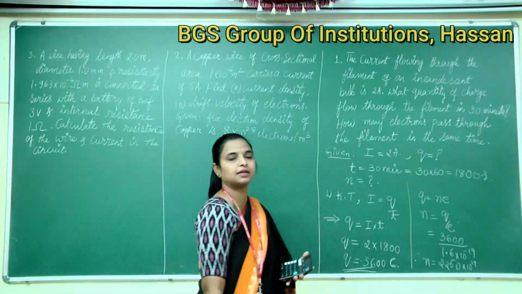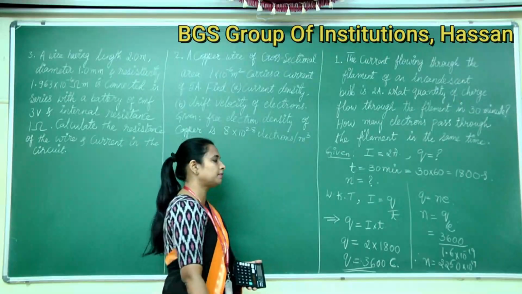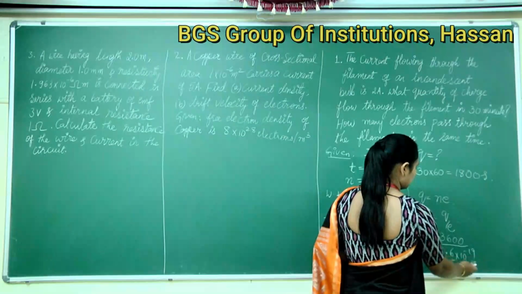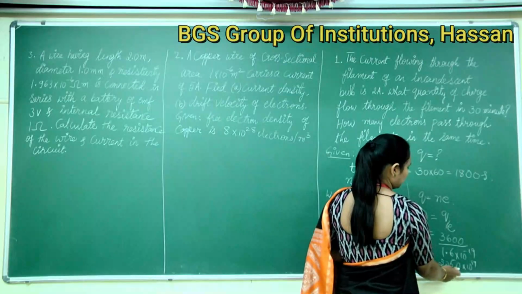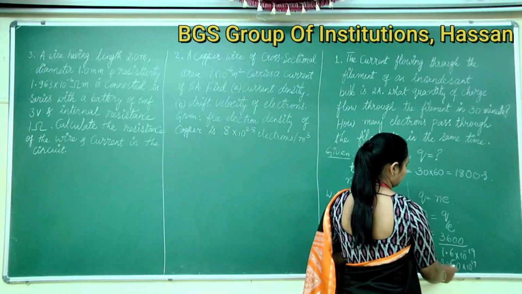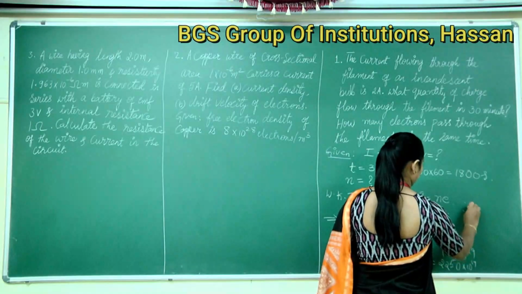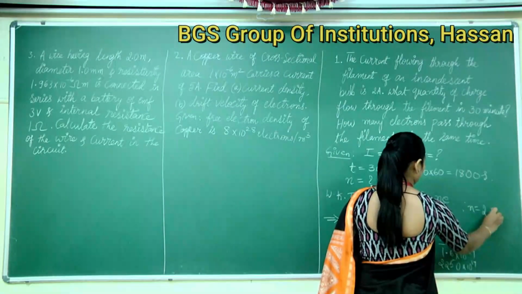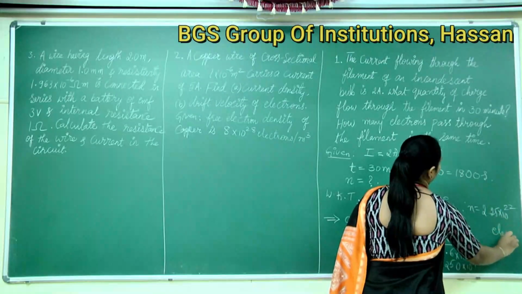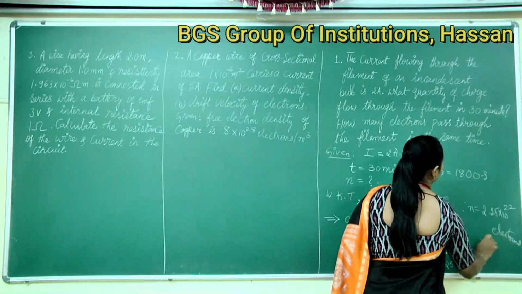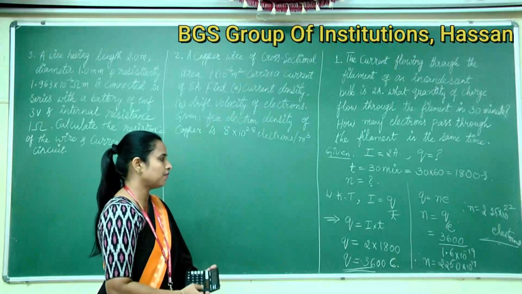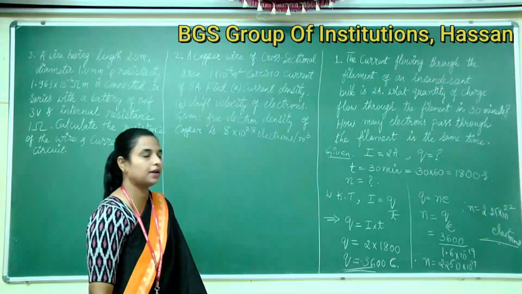If the minus 19 goes to the numerator, it becomes positive, and you can shift the decimal: 20, 21, 22. Therefore N is equal to 2.25 into 10 power 22 electrons.